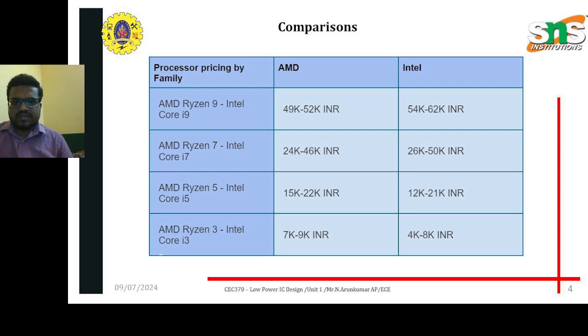Here they are using Core i9 as well as the Ryzen AMD processor. The price of the AMD processor will be 49 to 50 thousand, and the Intel processor is 54 to 62 thousand. Like that, all the previous processors cost less when compared with the newly upgraded ones.